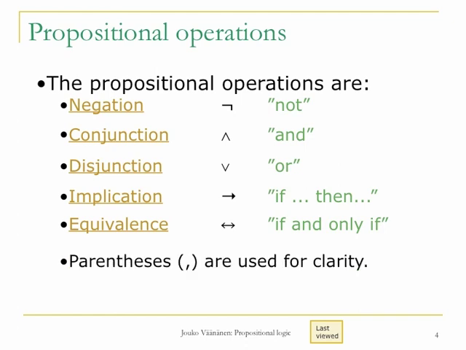Parentheses are used for clarity. These are the so-called connectives. They are used to form more complex sentences from atomic ones.